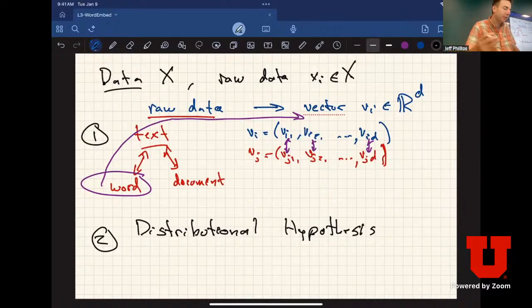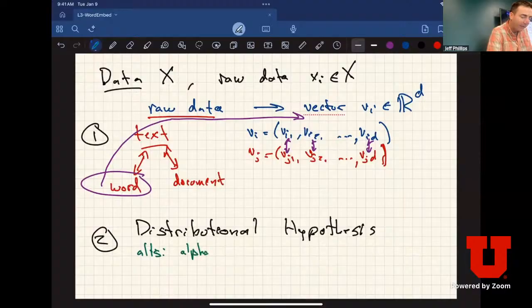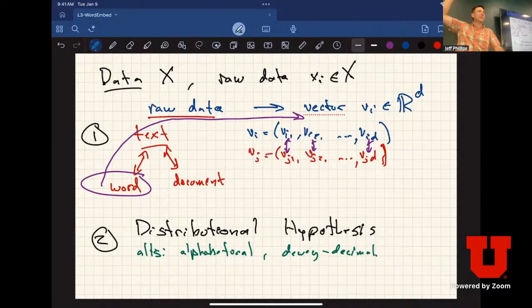Another alternative was the Dewey Decimal System. Who knows what the Dewey Decimal System is? It's what's used in a library to sort topics in books. You could think of sorting topics and concepts in this way.